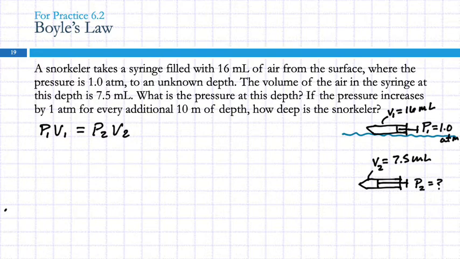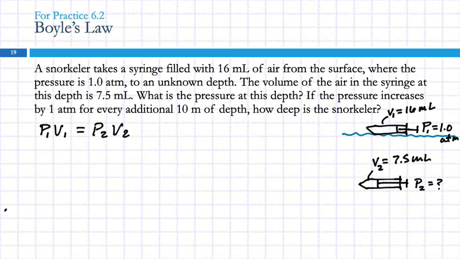When we're working with gases, we're going to use the equations. So there will be dimensional analysis because the units don't always work out the right way, but for the most part, it's going to be using equations. So here we have our equation, and we want to find pressure 2.